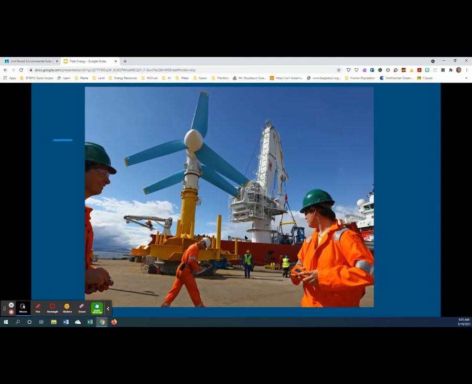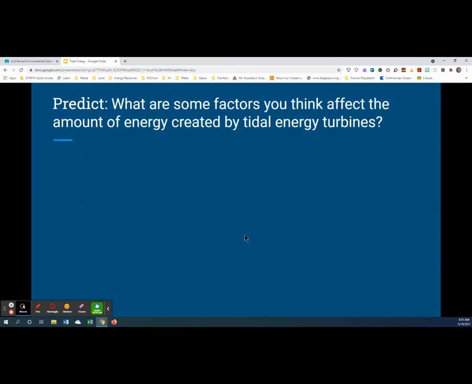If I said I wanted you to design a turbine to put in our tank, what are some of the factors that you would think affect the amount of energy created? I want you to make a list of 2 or 3 and write those in your notebook. At this time, pause me, think about it, write it, and then push play.